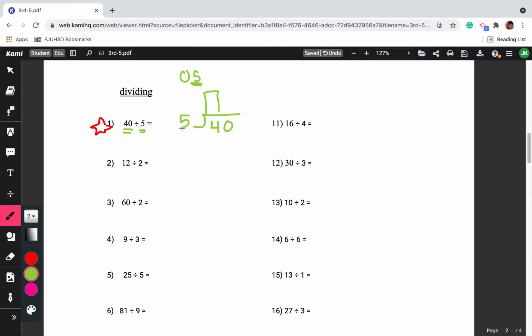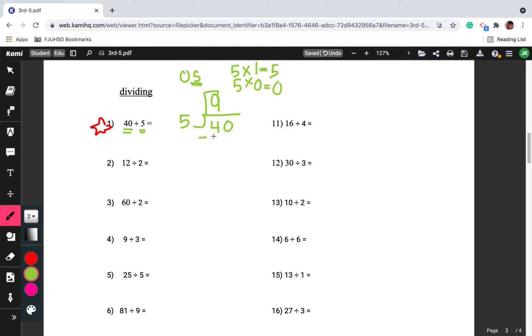So how many times can 5 go into 4? We need to find a number that is basically less than 4 or equal to 4. So 5 times 1 is 5. But 5 is greater than 4, so we have to go down one number. So 5 times 0 is 0. So 5 goes into 4 0 times.